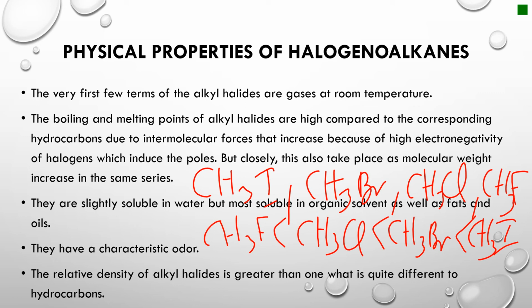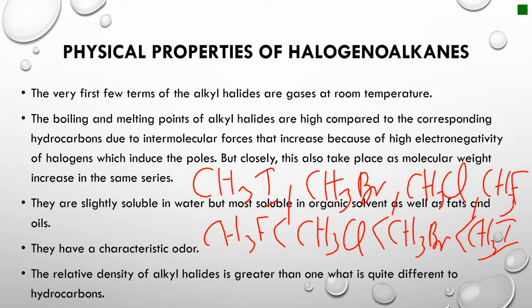Iodomethane is much bigger than bromomethane, much bigger than chloromethane, much bigger than fluoromethane. And this gives it the highest boiling point because it has the strongest intermolecular forces, random dispersion forces, compared to bromomethane, chloromethane, and fluoromethane.